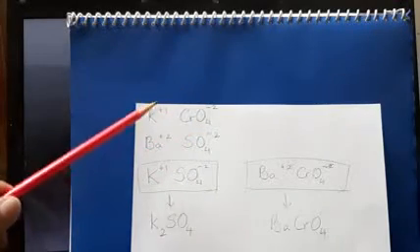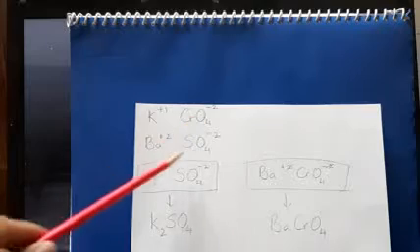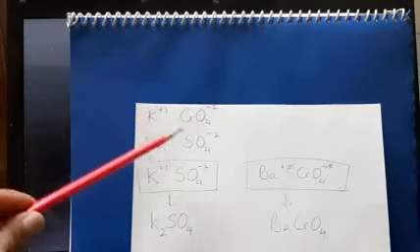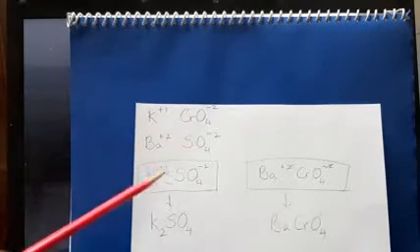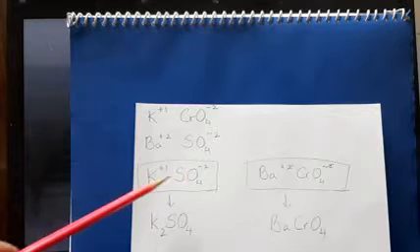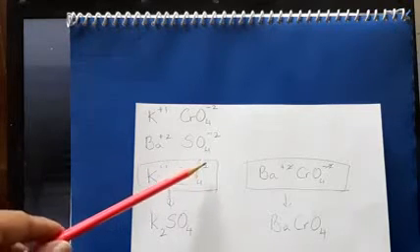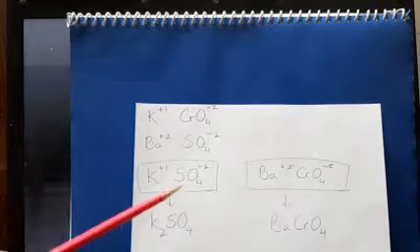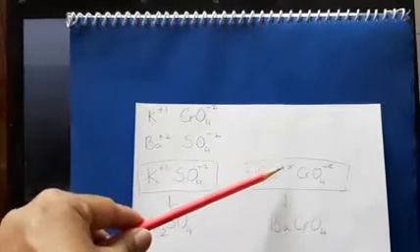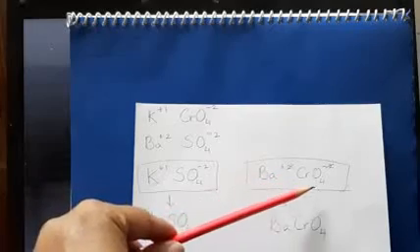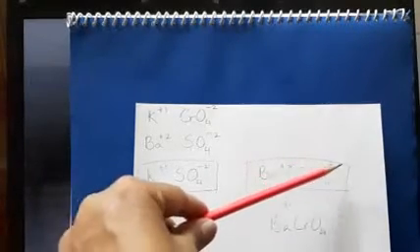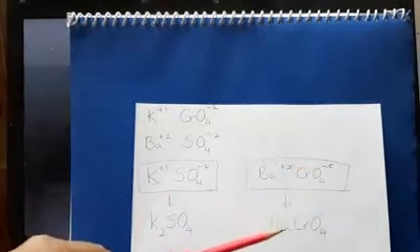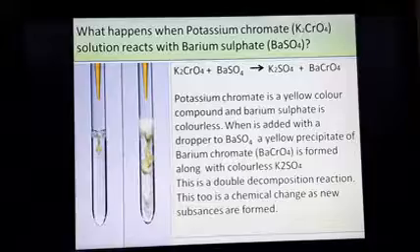So when they are in solution, they both split up into their ions, and potassium and sulfate join together, and you know the valency of the sulfate comes at the foot of potassium, therefore you have K2SO4. Similarly, Ba whose valency is +2, and CrO4 whose valency is -2, they cancel each other and you get BaCrO4.